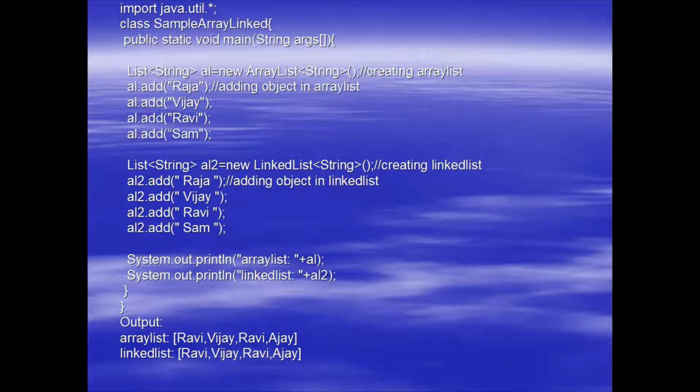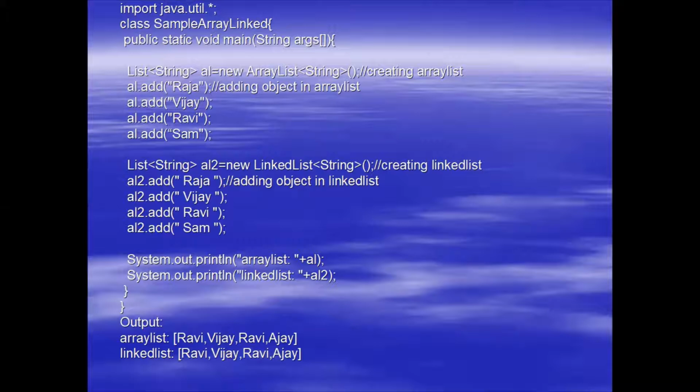If you see the LinkedList and ArrayList programs, both are mostly similar. There is no difference. So in which scenario I need to use ArrayList, that you need to know. ArrayList and LinkedList both implement the List interface and maintain insertion order.